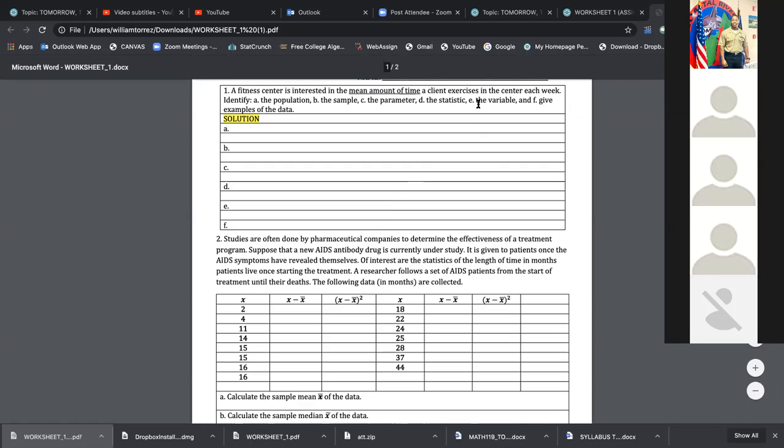Okay, the variable is simply the amount of time. She might convert the time to minutes, and if someone is there an hour, her data value, her variable, would be 60. If someone is there for 25 minutes, her observation is 25, and so on, okay? And I've just given you some examples of the data.